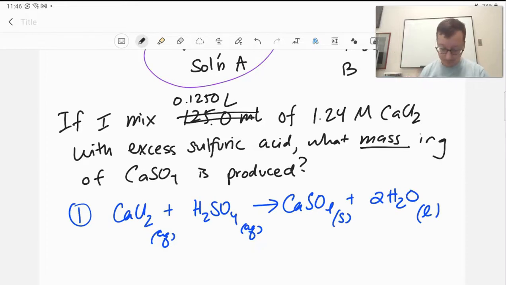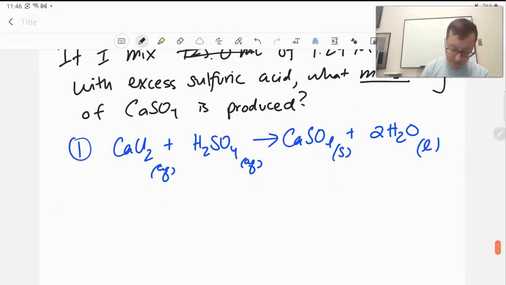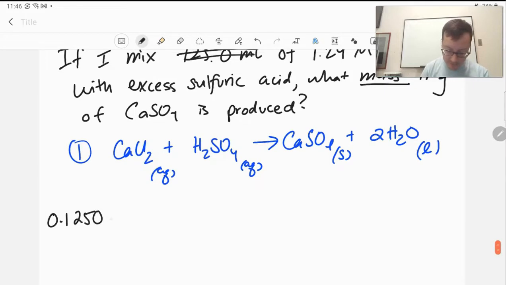That's all you've got to do. So with that in mind, we can go ahead and do this. So we have 0.125 liters of calcium chloride. And again, I like to make sure we indicate what component we're dealing with at each stage, so we are completely correct with our units.